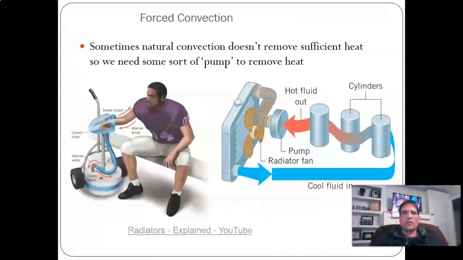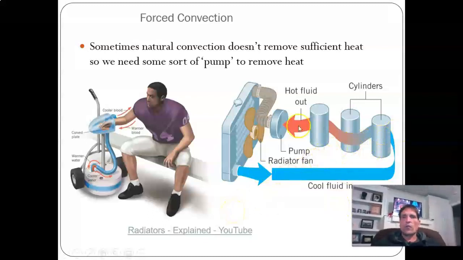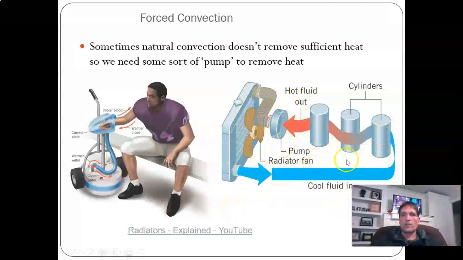So sometimes natural convection is not enough, and we have to force this flow. So we need a pump. In other words, we need to force the fluid to move through a system. And here's one example of an athlete. You have a pump here, and you circulate this cool fluid, and it goes around his hand, and energy is transferred from his warm hand to the cool fluid, and then that circulates through.